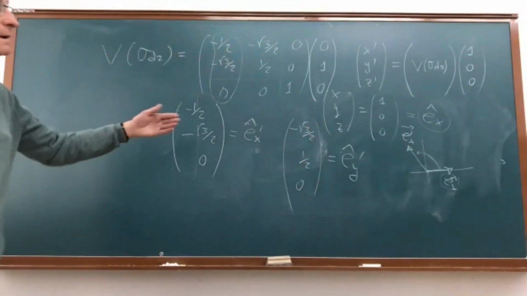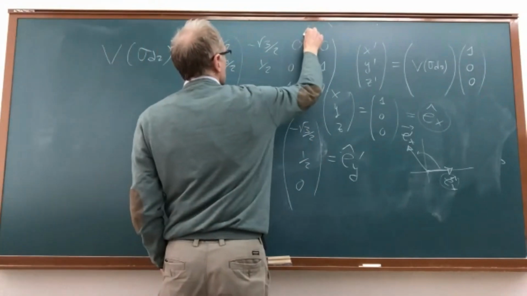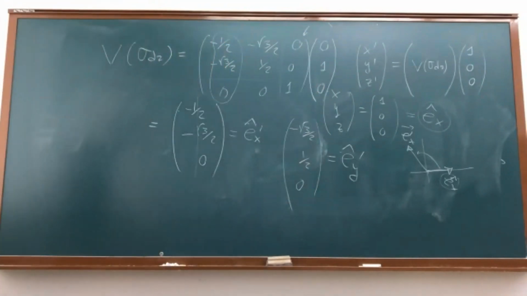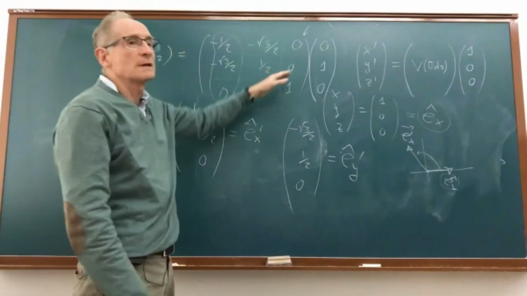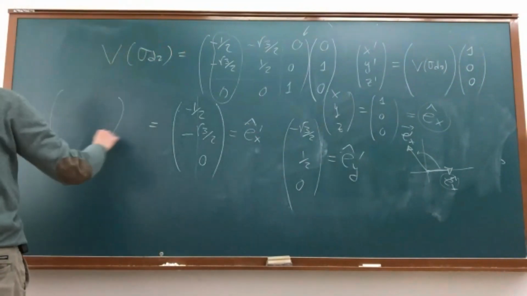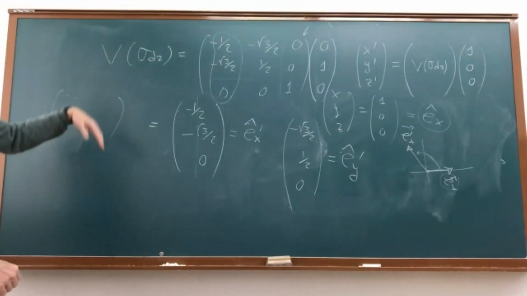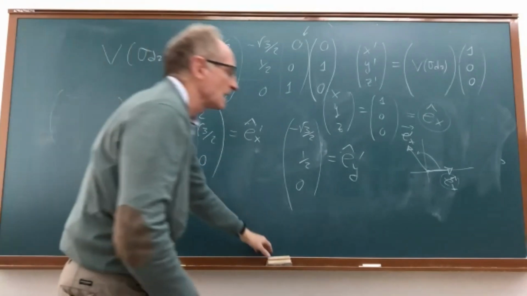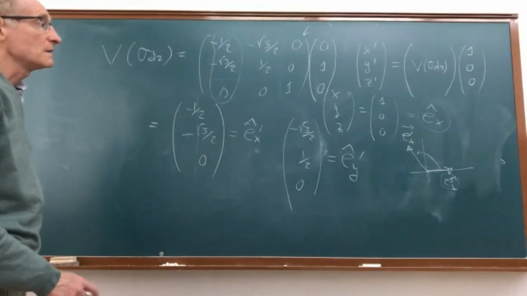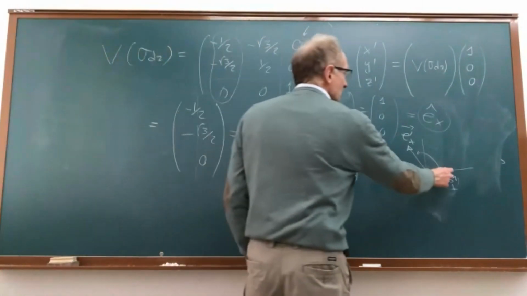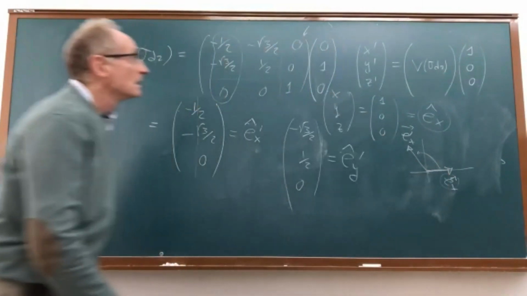Okay? And this is, of course, the transform of the third unit vector. So it's very important, and this is the recipe that I always use to construct a matrix. I never use this formula with cosine, sine, because they are only good for very particular axes. If you are in a general situation, what is always relatively easy is to see what the transform of the unit vectors are.